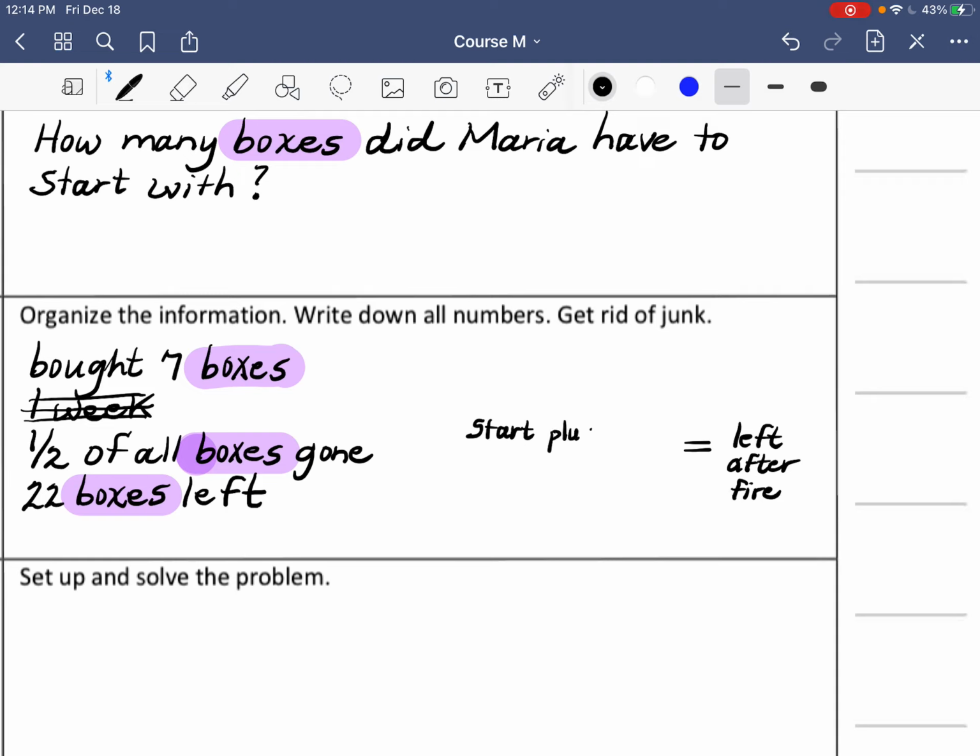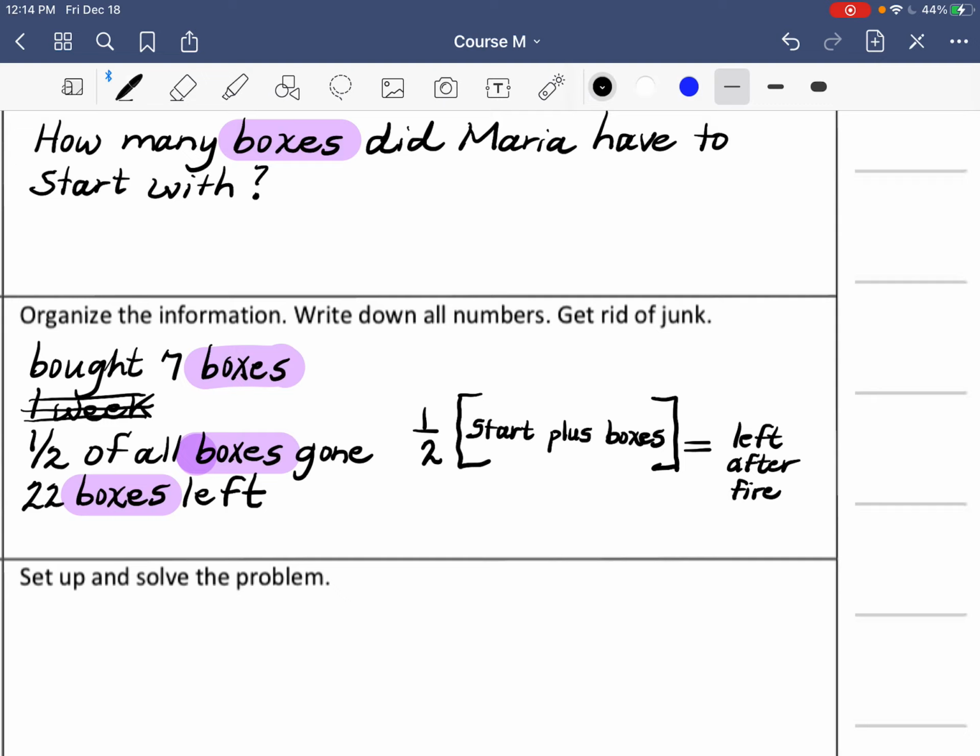And I know she bought some boxes, so she added to her boxes. And I know that 1/2 of all of those that she had were destroyed. 1/2 of all of those boxes were destroyed. So that means that 1/2 was left after the fire.